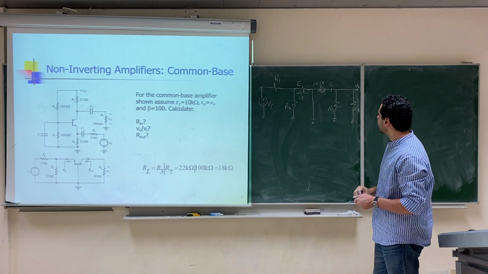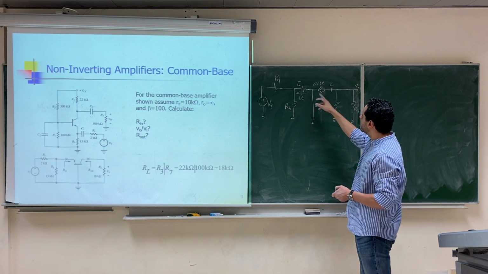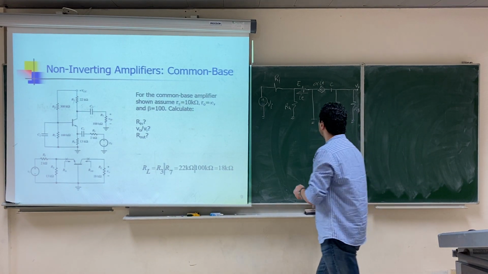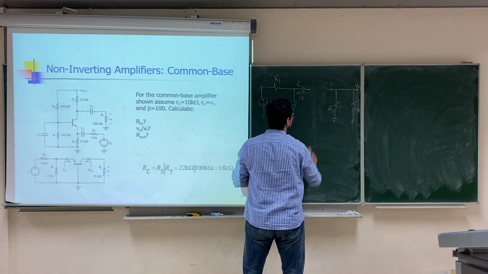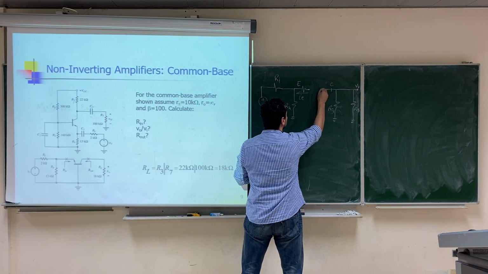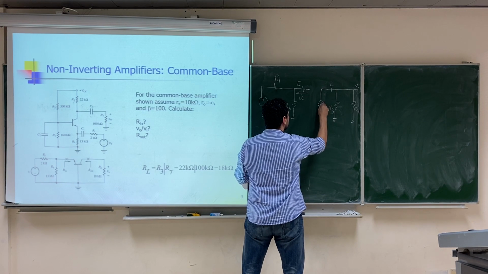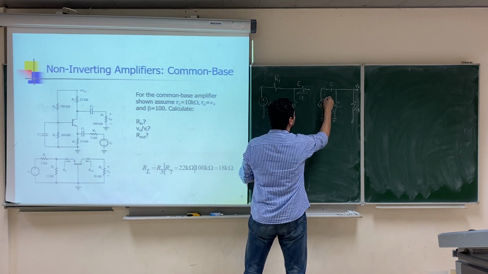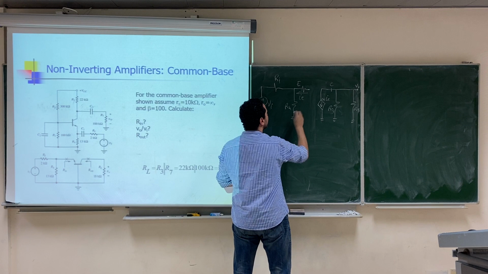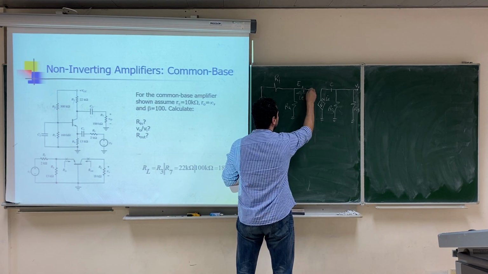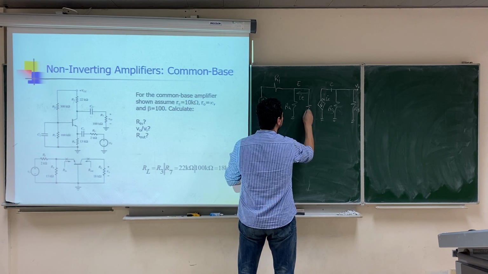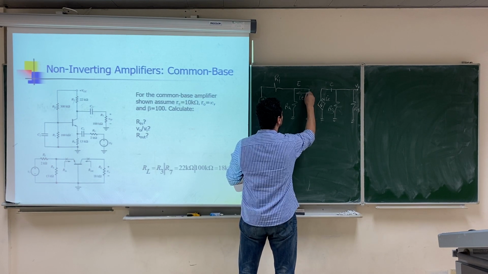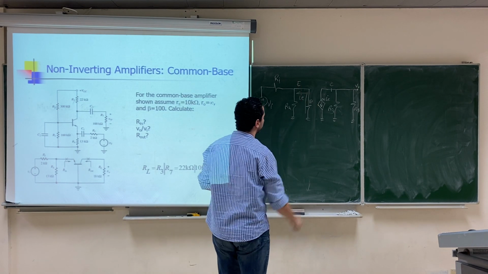Now, the circuit is very easy to analyze. Why? Because now you can separate the circuit from the middle. So you can plot the circuit like this. Dependent source, alpha IE towards the ground, and then this resistance, you can make it vertical for familiarity, RE, and the current IE is going up.